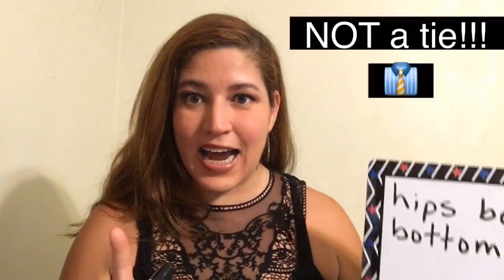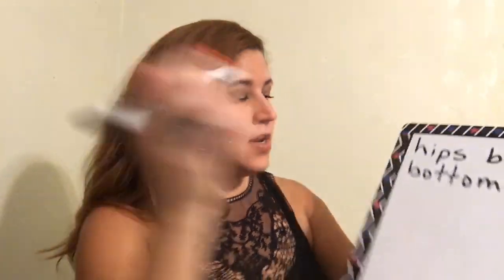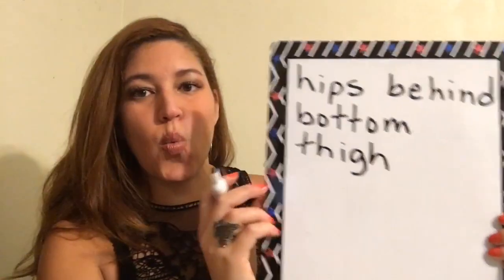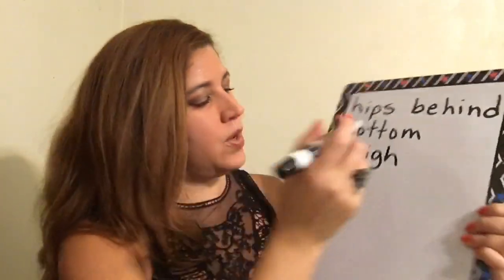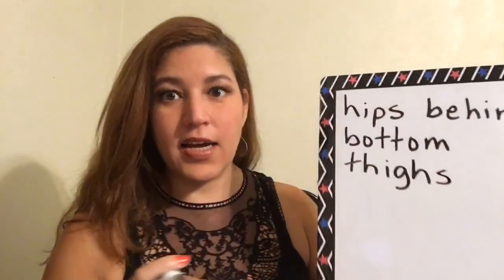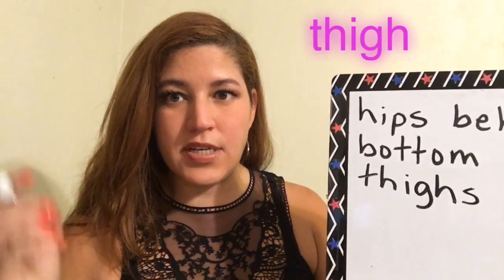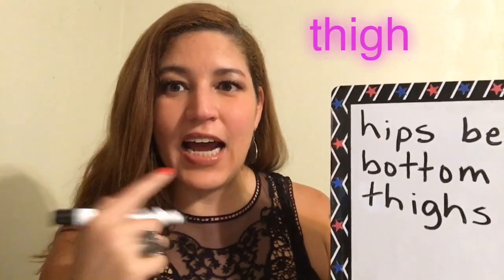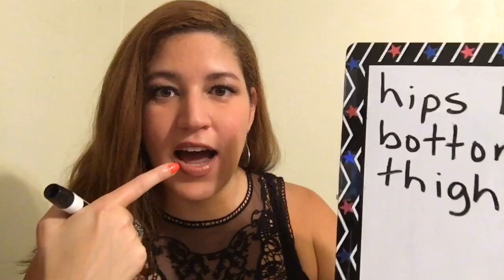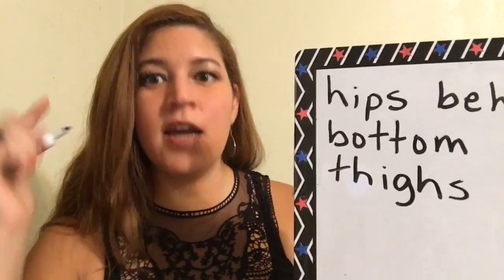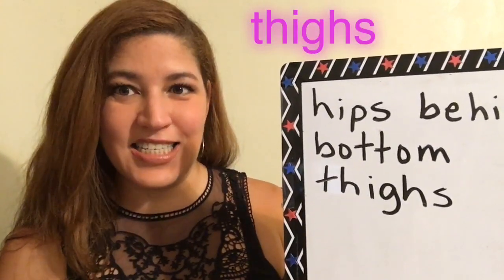So we have your thigh. It's not a tie. A tie is something different, but we're going to spell it T-H-I-G-H. So one thigh, two thighs. Let's practice that pronunciation. Thigh. Look at this. TH. Thigh. One thigh, two thighs.